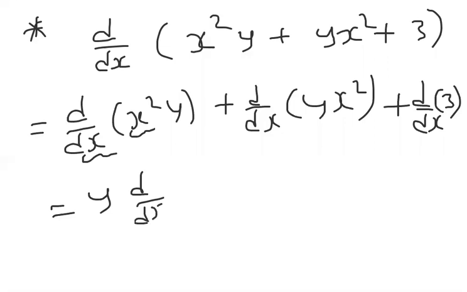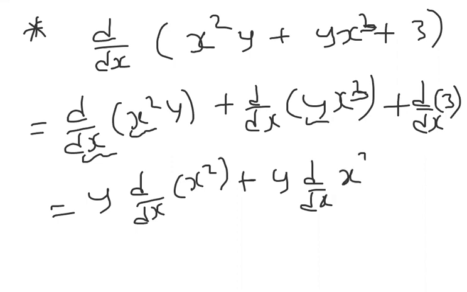Constant you have to keep outside, d by dx of x square. Again here we are differentiating with respect to x, so here y is variable. Let me write here y x cube. So y is outside, and you have to keep d by dx of x cube, plus differentiation of constant is 0.